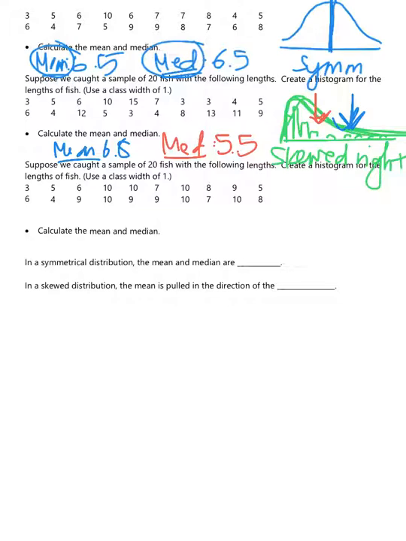The skewness actually pulled the mean towards it because these extreme values, like we saw from before, affected the mean. So that's why the mean deviated towards those extreme values and went larger compared to the median.